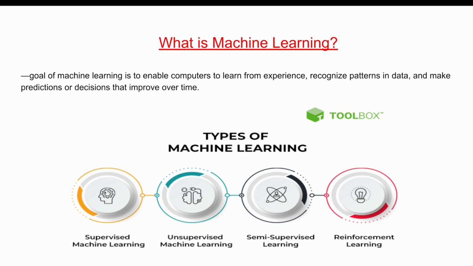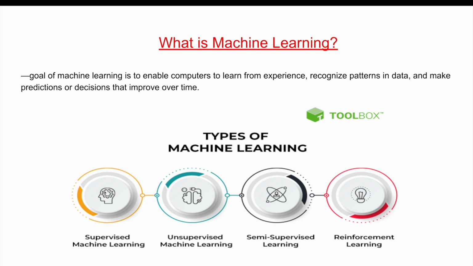So to start with, machine learning is a subset of artificial intelligence that focuses on the development of algorithms and statistical models that enable computers to learn from and make predictions or decisions based on data without being explicitly programmed for specific tasks.